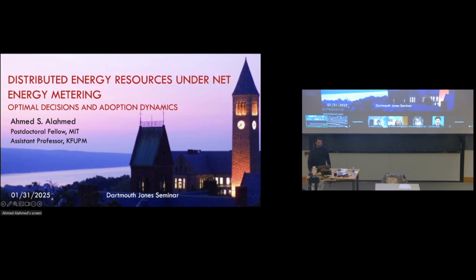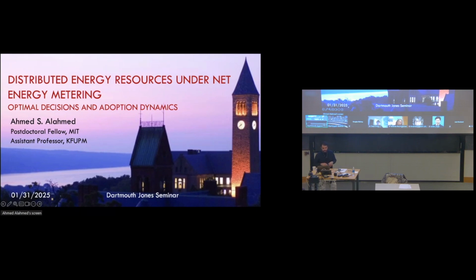My talk today is about distributed energy resources under net energy metering. I understand that we have a wide audience here, so I'm going to explain all of these terminologies. An example of distributed energy resources would be electric vehicles, battery storage systems, rooftop solar, or any flexible consumption that you can think of in a household. And net energy metering is really the gist of the talk today.